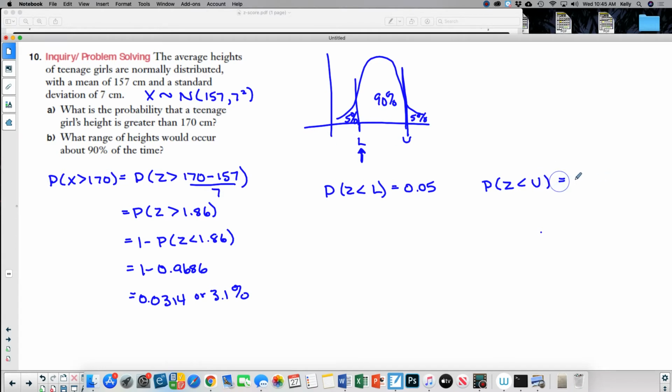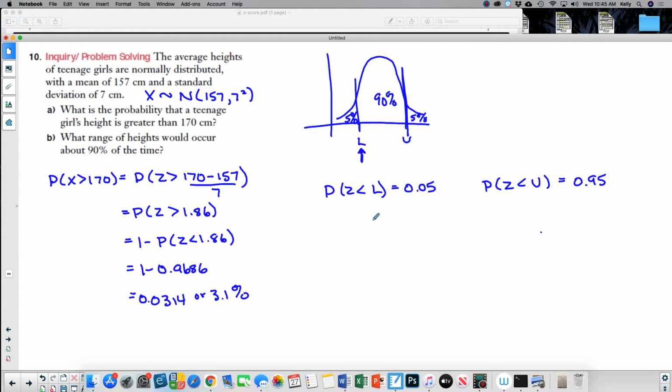So we want that to be 0.95. So what we have to do is reverse what we're looking for in the z-score to figure out what our lower and upper z-scores are.